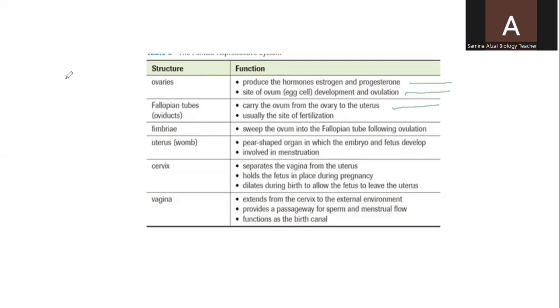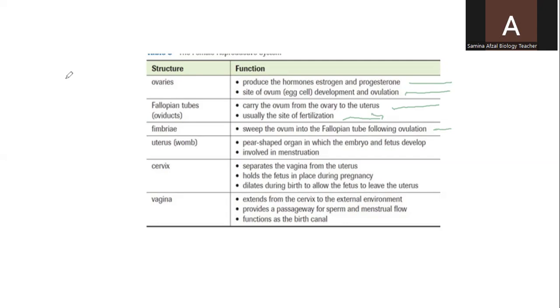Usually the oviducts are also the site of fertilization, or simply we can say fertilization takes place in the oviducts. And the fimbriae sweep the ovum into the fallopian tube following ovulation. At the time of ovulation, they help in the sweeping of the ovum.